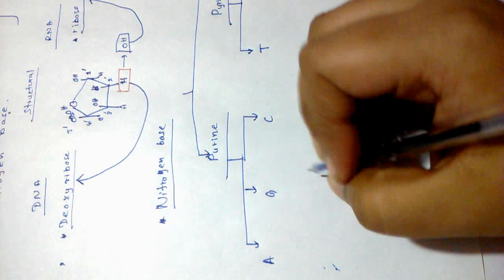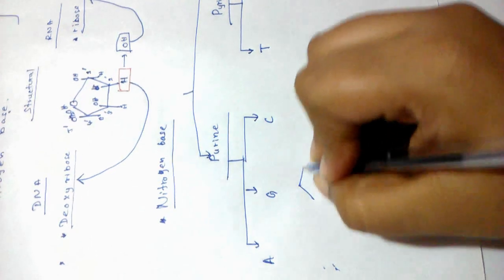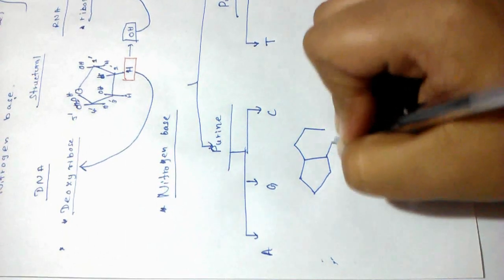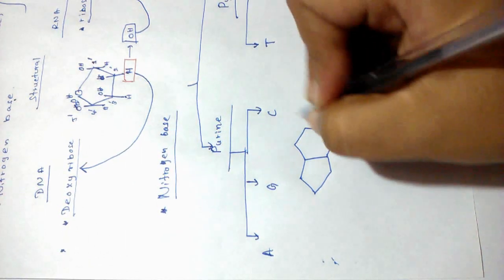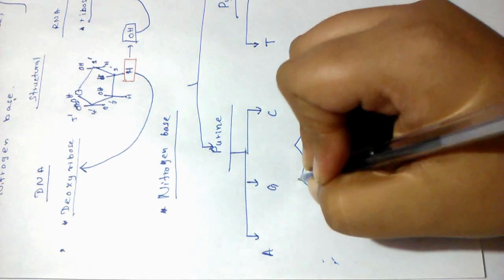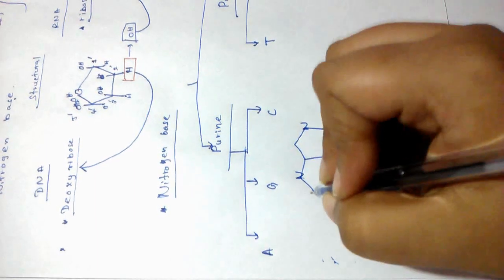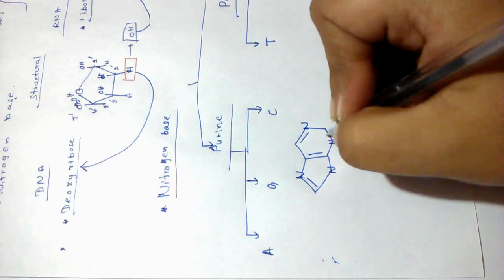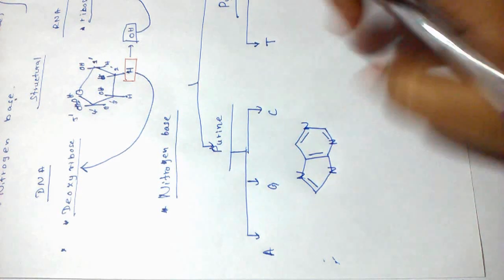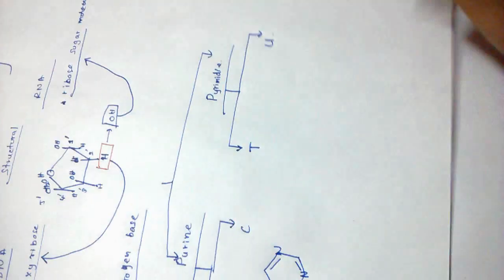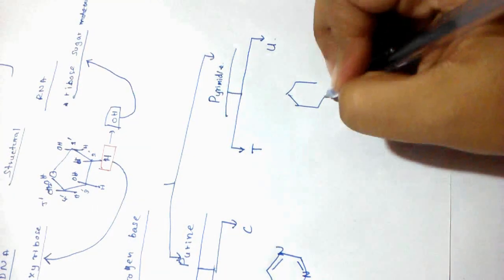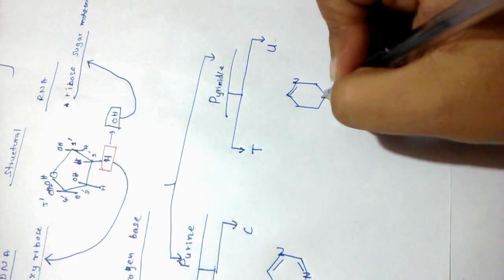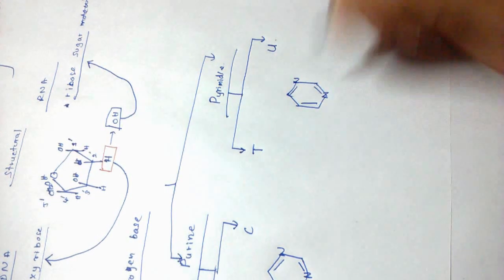In the purine base, there is a pentagonal and a hexagonal structure. This is a purine base and this is a pyrimidine base.